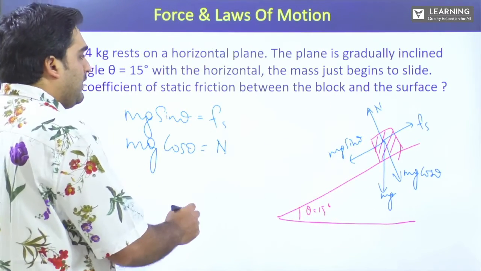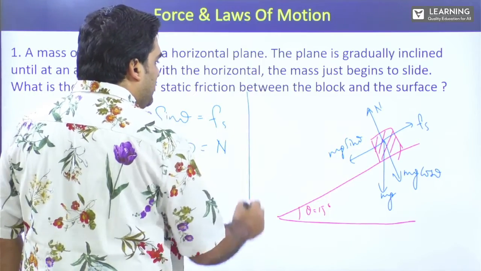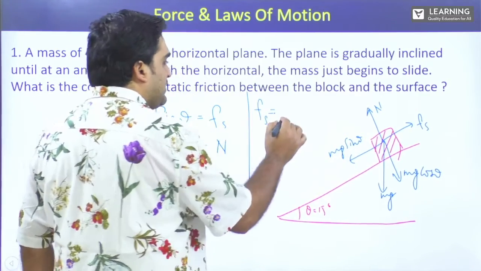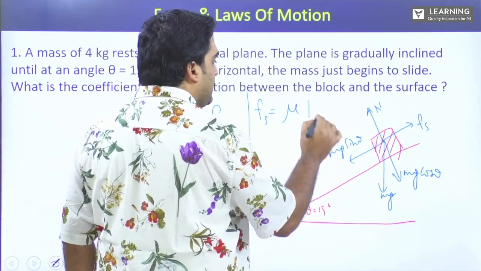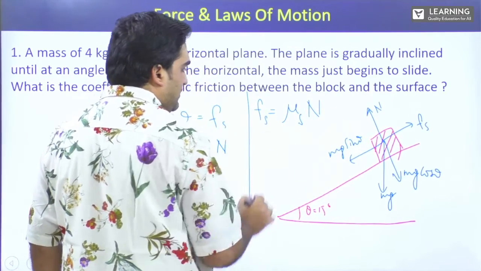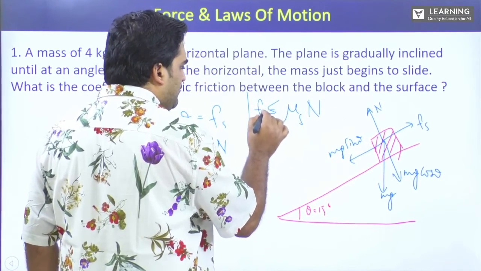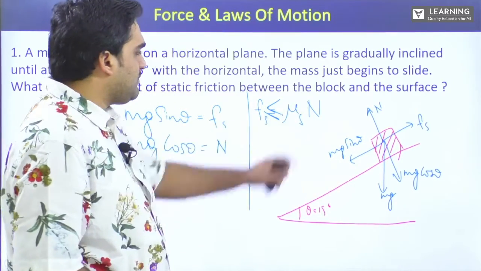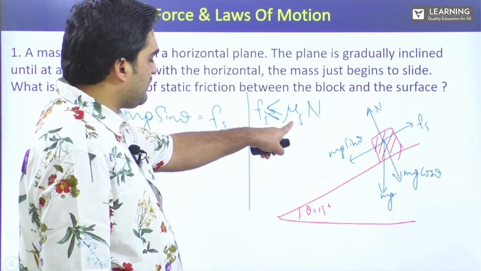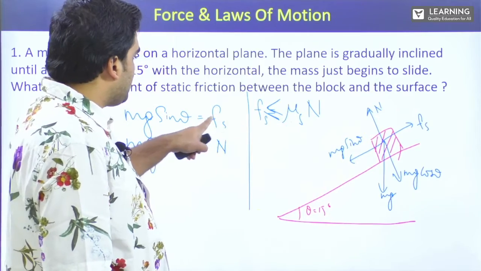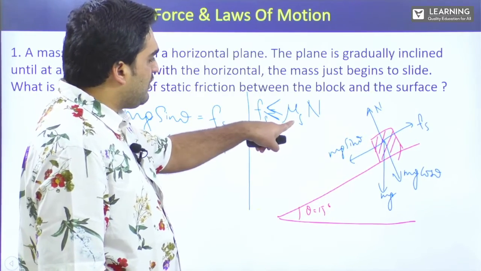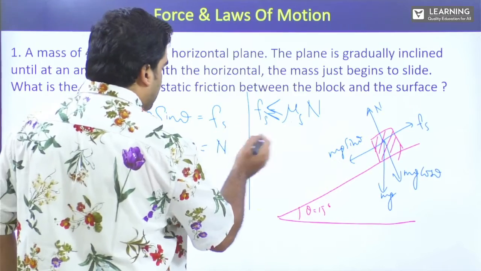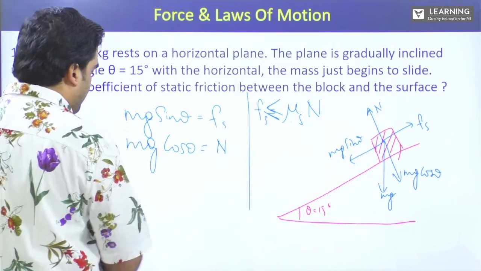And what we have learnt in friction is that the static friction Fs is given by mu s times N. So it's actually less than or equal to mu s times N, where mu s is the coefficient of static friction. So in place of Fs, I will substitute mu s N. And these two equations, I will divide one by the other.